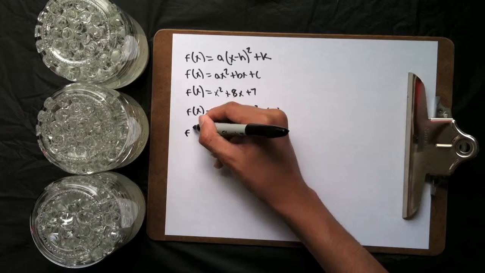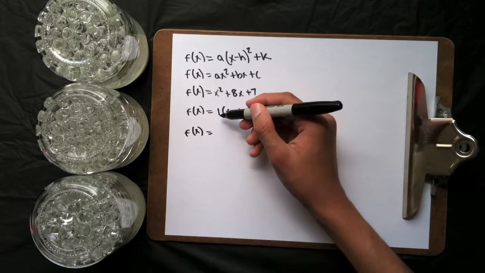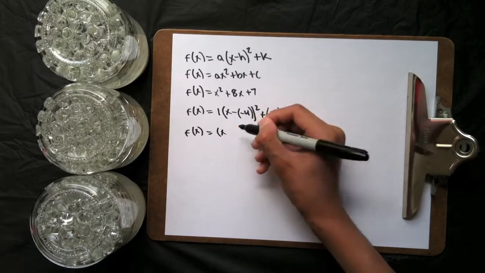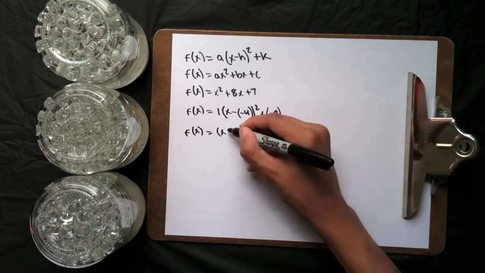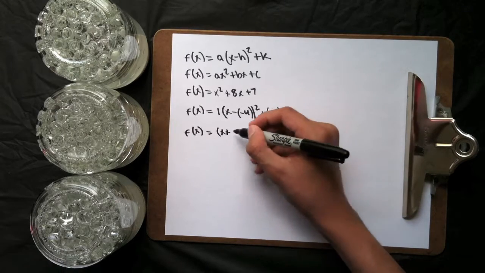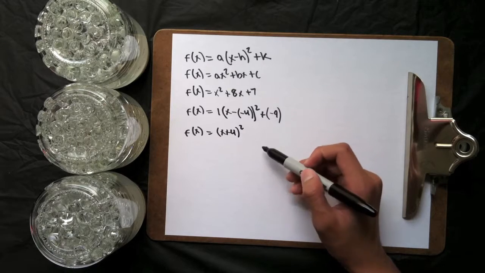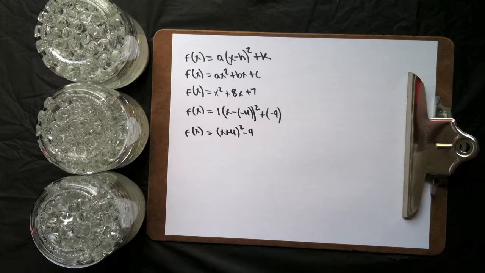So f of x equals, we don't need that 1 because it doesn't make a difference. X minus, and that negative makes it plus, so x plus 4 squared, and then the plus and the negative make it minus 9. Now to check this, I can get a graphing calculator.